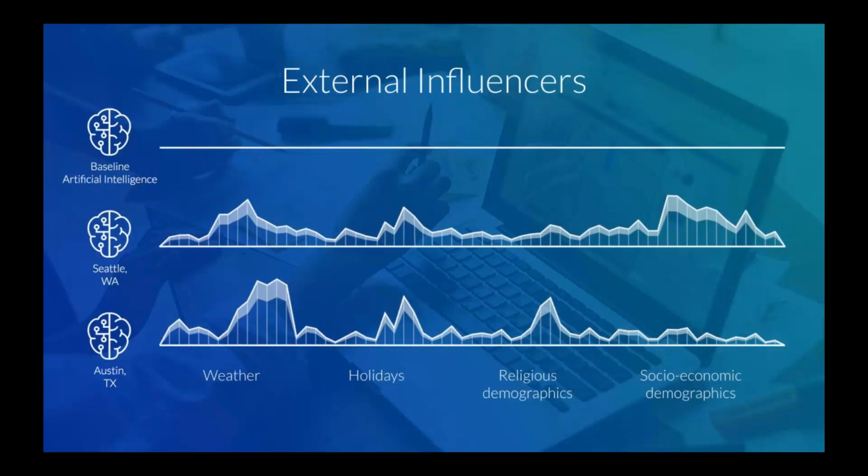Our top line is an example of an AI that creates its answer to adjust for anomalies in shopper behavior, whereas the curved lines below are representative of an AI that has the ability to identify the cause of the anomaly and adjust for it in the future. The AI can answer the question why when fed external influencers.